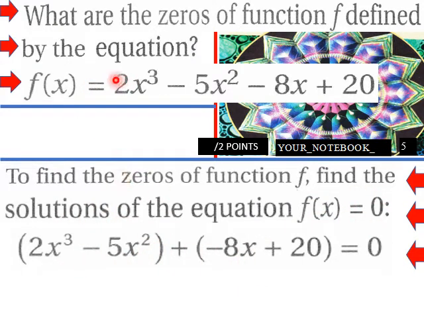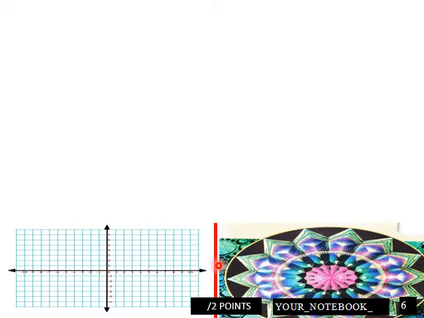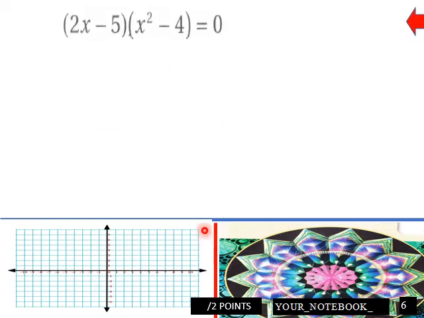So again, starting with these 2 terms, 2x cubed minus 5x squared plus negative 8x plus 20, let's start there. What can we factor out of both of these that is in common? It would be a 2x minus 5. Then we get this difference of squares, x squared minus 4, by doing the factoring by grouping method.